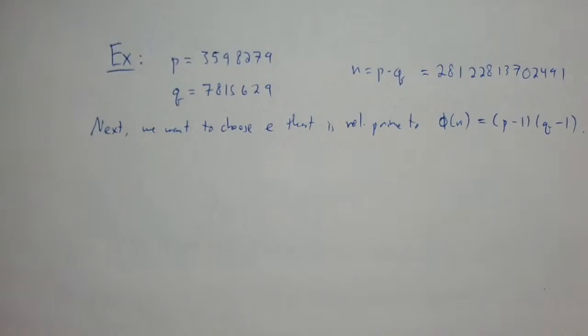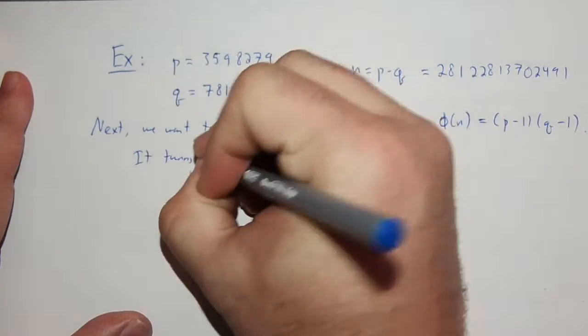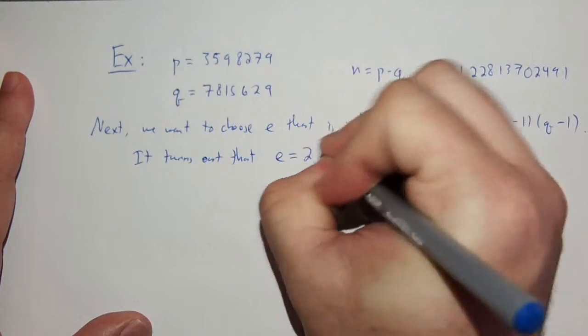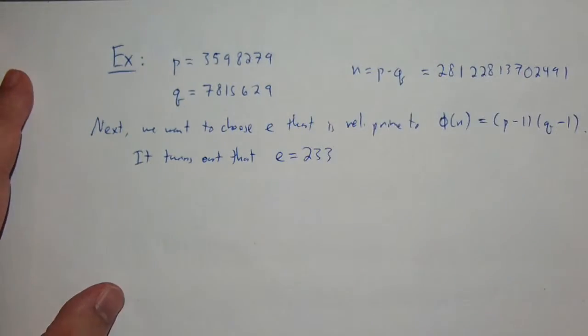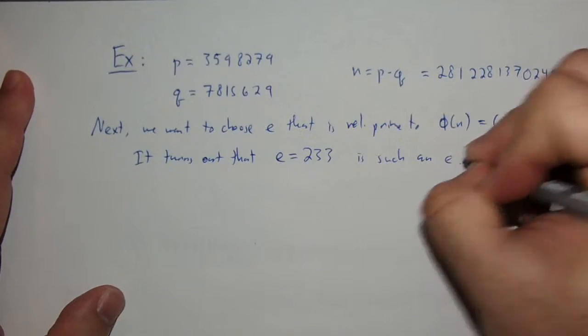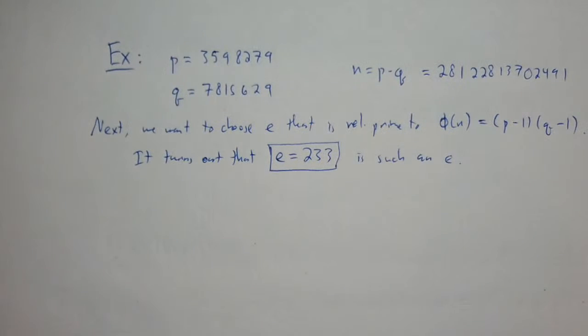Whatever that number is, I want to choose an E that this works for. So it turns out that E equals 233 is such an E. Is it unique? No. There's a lot of choices you could make here. We're going to make 233 for this example. Okay, so E equals 233.